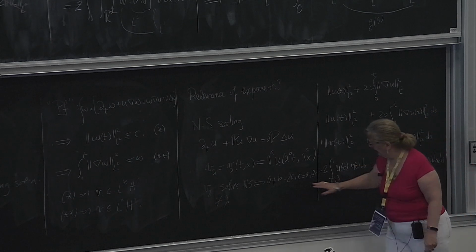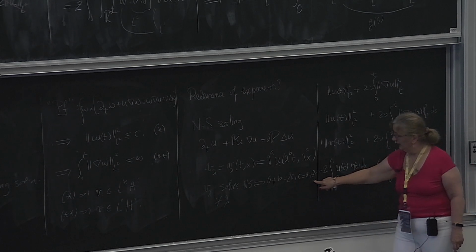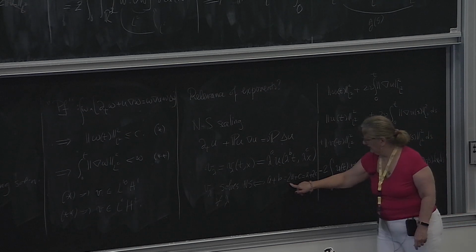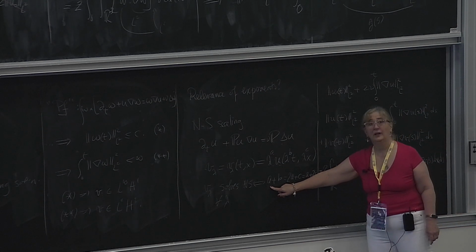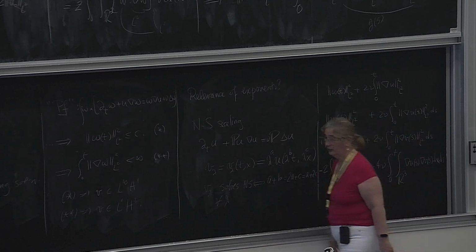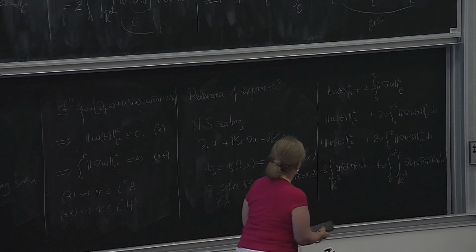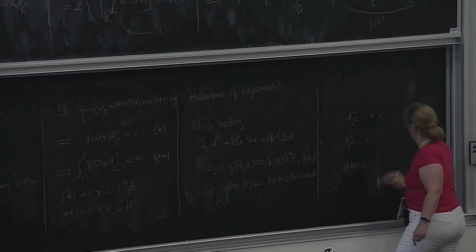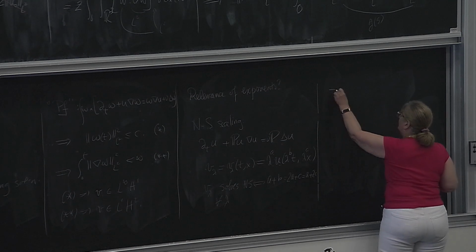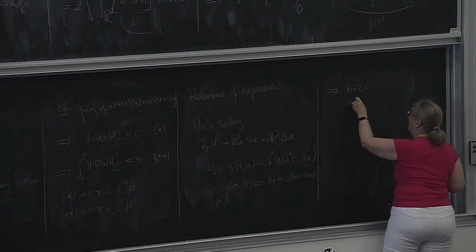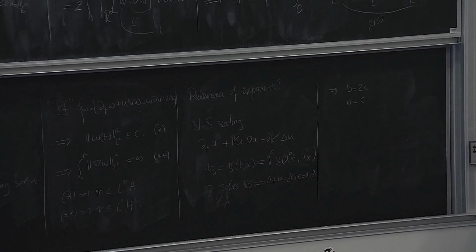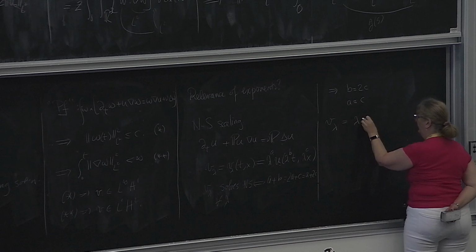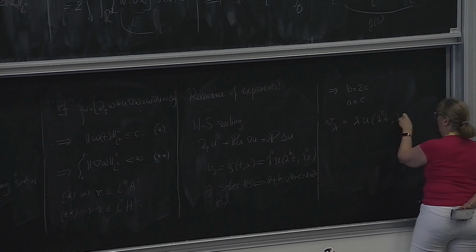When you solve this, you get A equals C. Then A plus B equals 2A plus C, which is 3C, and this is just B plus C. You're going to get B equals 2C and A equals C. So I call lambda to the C a new parameter, and bottom line V lambda is going to be lambda U of lambda squared t, lambda x.